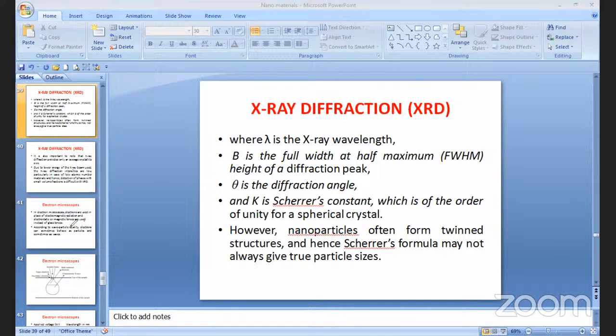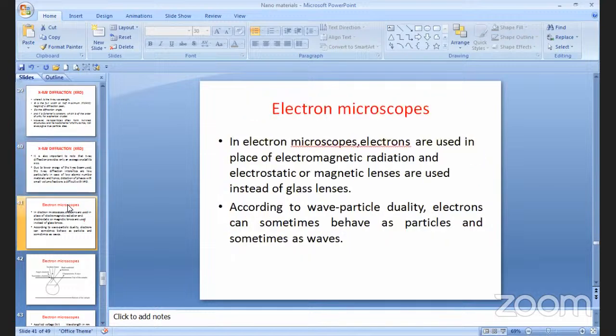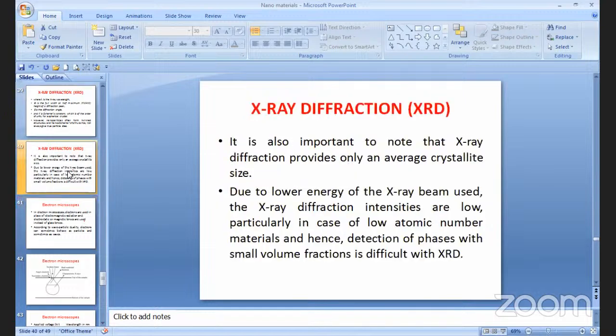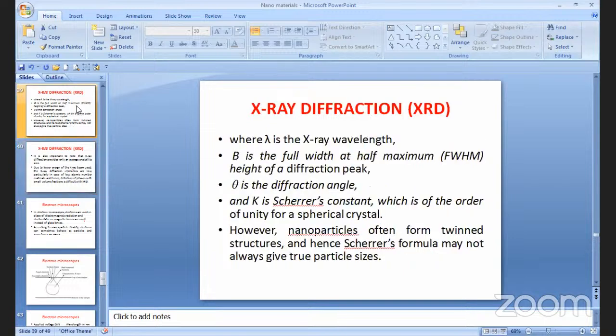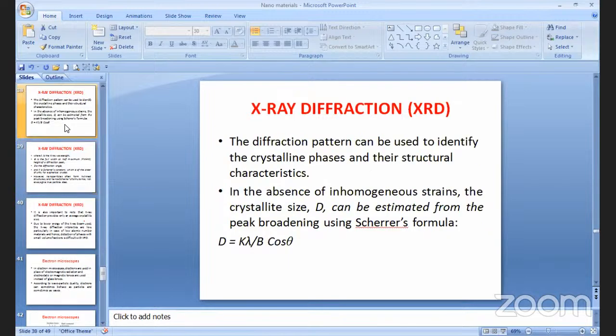By using this Debye-Scherrer formula, we can get the size of the crystallite.